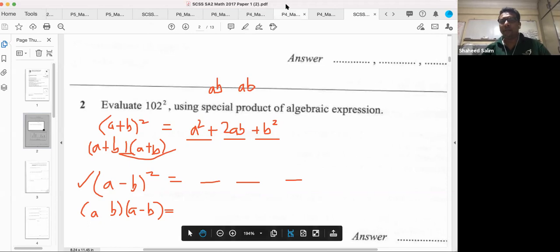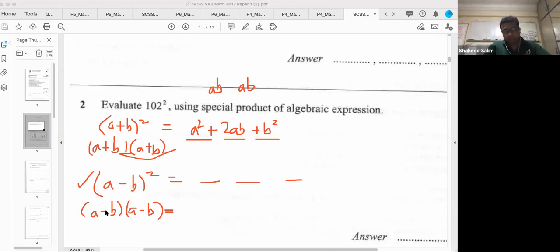You must be able to see the difference to be able to do this question. Okay, let's see.